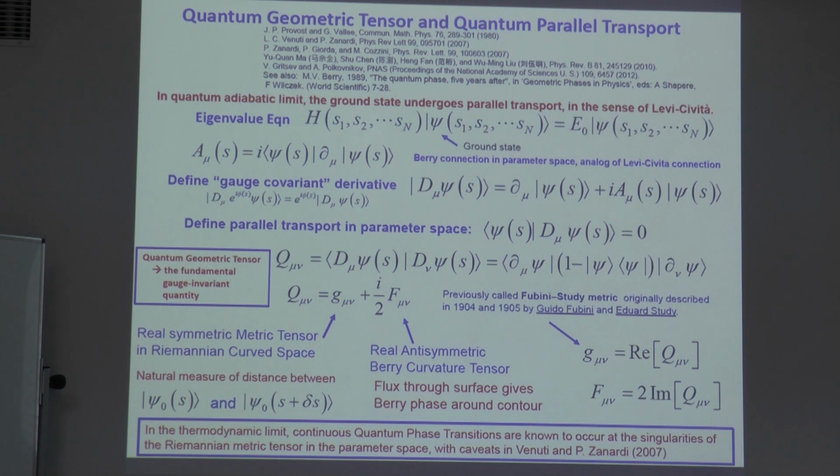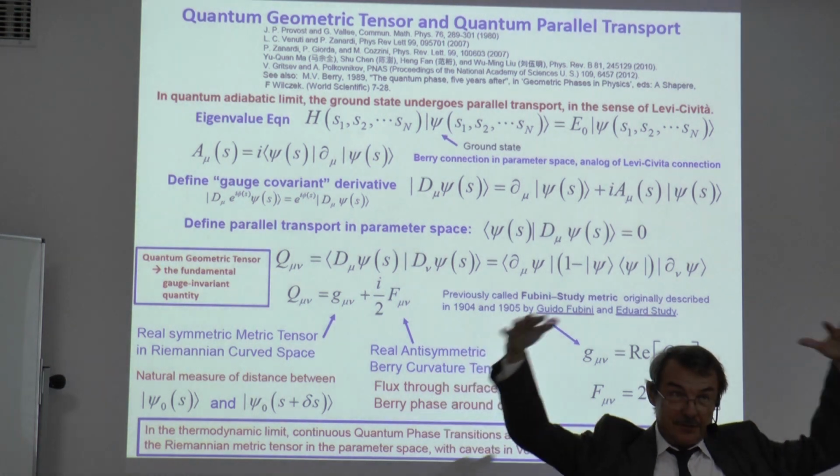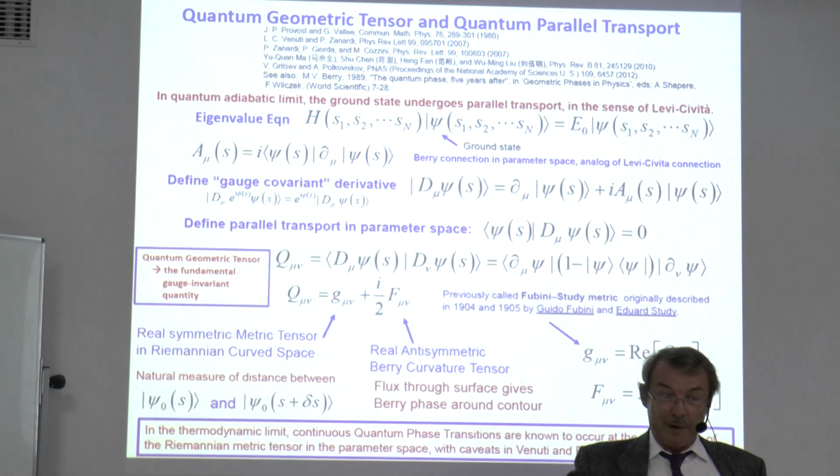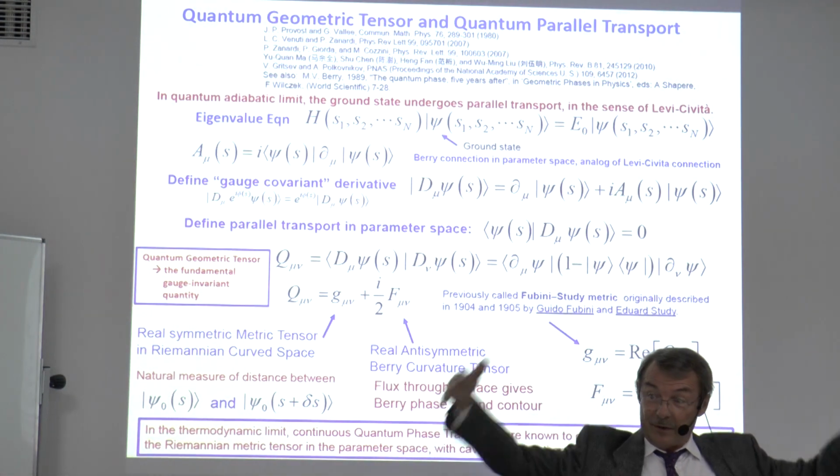So this is a very busy slide, and I apologize, but it's got a lot of very good stuff. So here's a Schrodinger equation, and what I'm trying to get at here is there's this quantity called the quantum geometric tensor, and there's this idea of quantum parallel transport. So let me just describe to you what parallel transport is. I am standing here, and there's a sphere around me, and I'm going to show you parallel transport on a sphere.